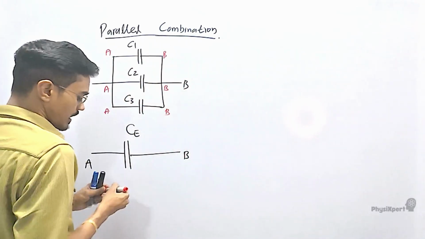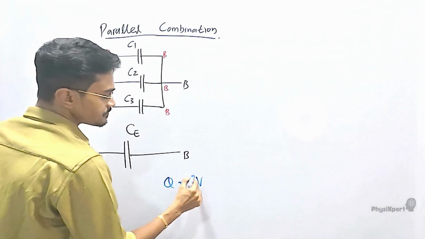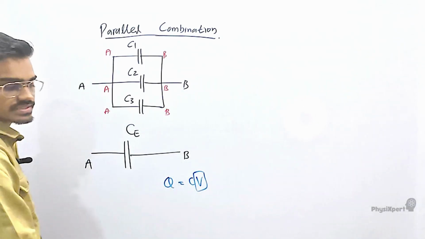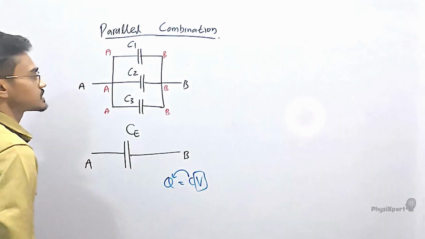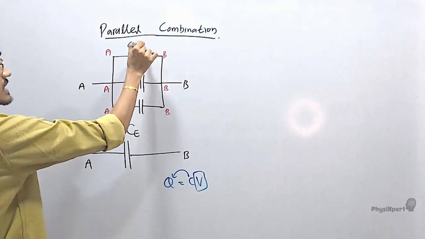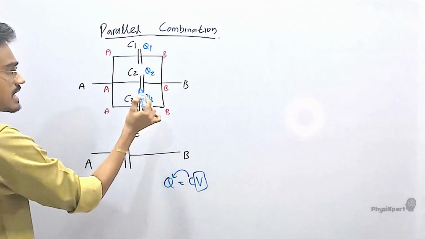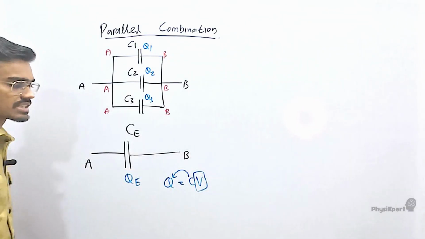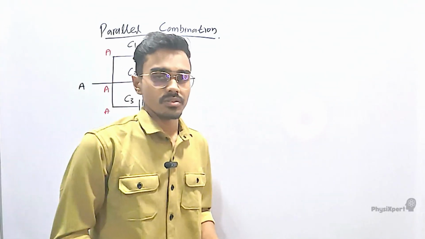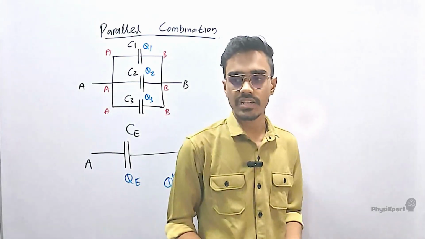Now again, argue with the equation. According to Q equals CV, V is the same, and since C is different, Q should be different. So let's consider the stored charge as Q1, Q2, and Q3, and the stored charge on the equivalent as QE. Build up your argument for the different quantity, which is now the charge.